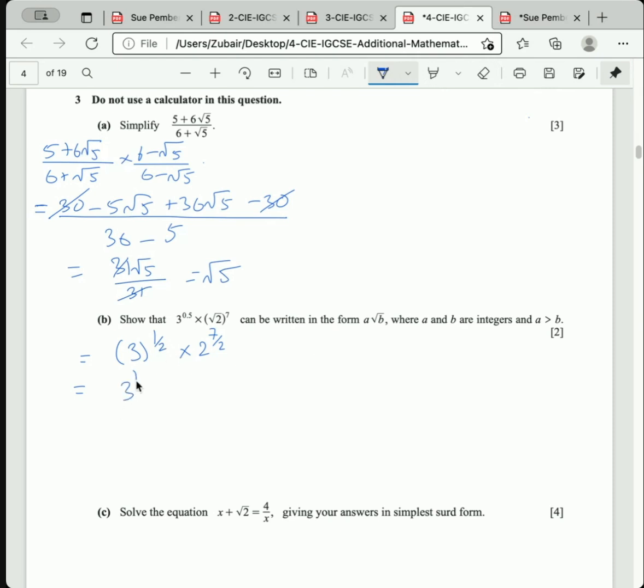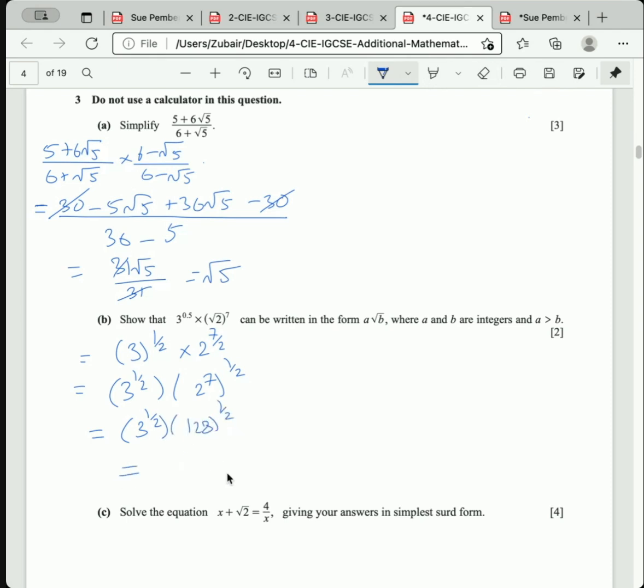Either I write 3 to the 1 by 2 into 2 raised to power 7, and 1 by 2. So 2 raised to the power 7 is 128. 3 power 1 by 2 into 128 power 1 by 2.